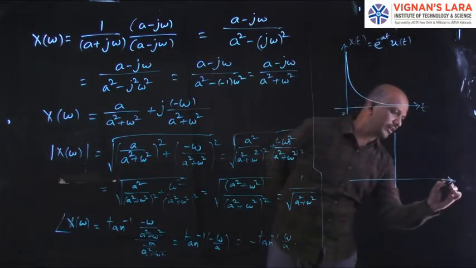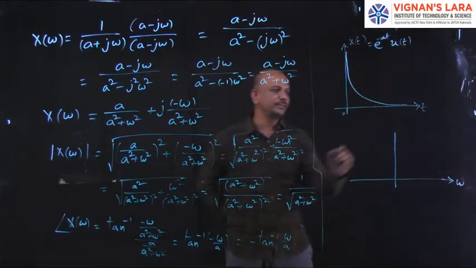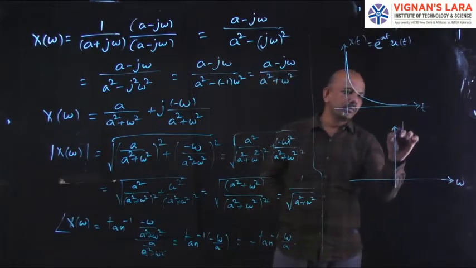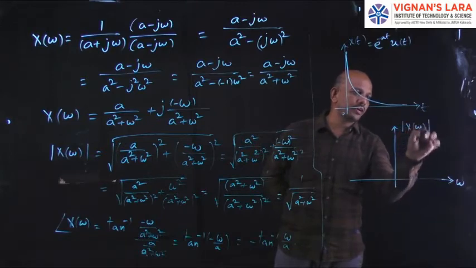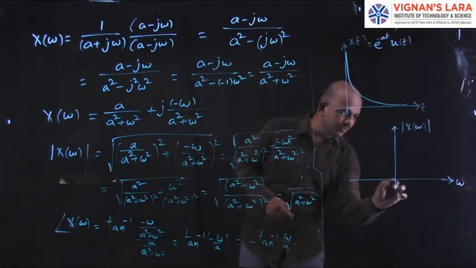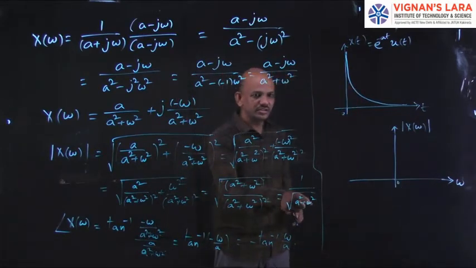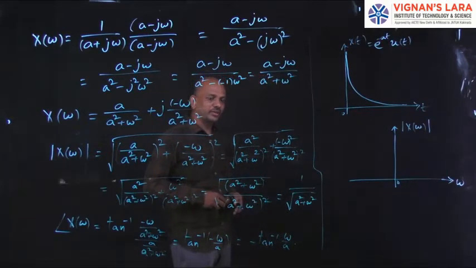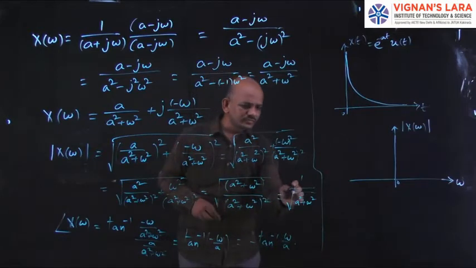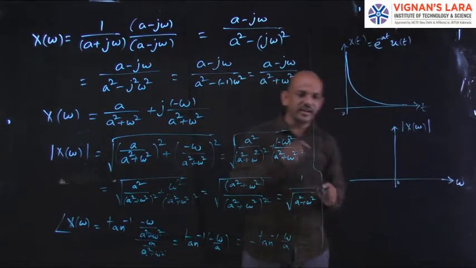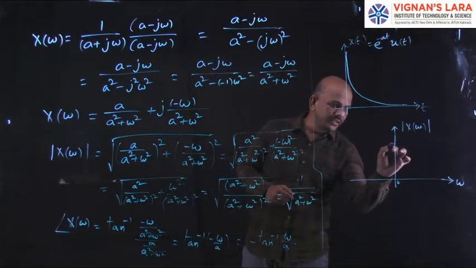Here on x-axis we have the frequency omega, and on y-axis we have mod of X of omega, and we all know mod of X of omega will be equal to 1 by square root of a square plus omega square. At omega equal to 0, so 1 by root of a square, so square and root cancel, so 1 by a. So at omega equal to 0, the value will be equal to 1 by a.